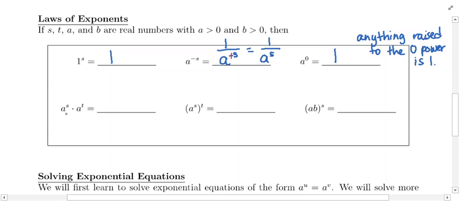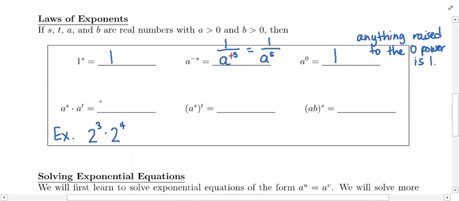So A to the S power times A to the T power. Let me give you an example here. Notice you've got 2 powers here that you're multiplying together. The base is the same in each case. So you might have something like 2 to the 3rd power times 2 to the 4th power. You've got 1 power of 2 that you're multiplying by another power of 2.